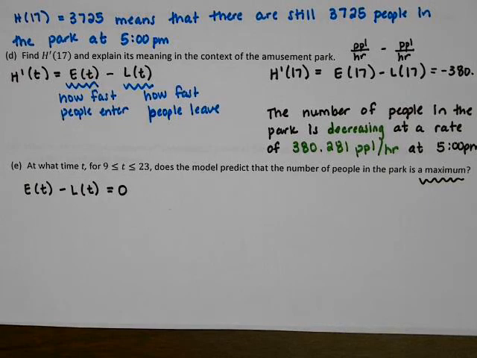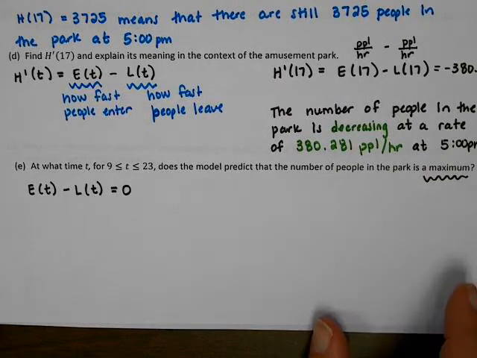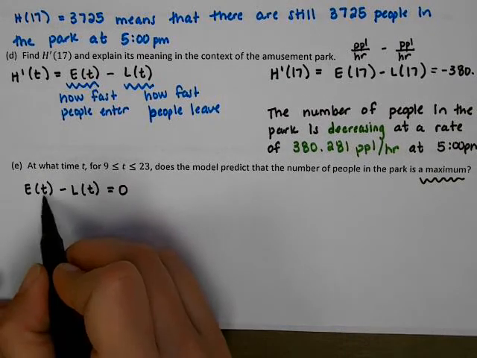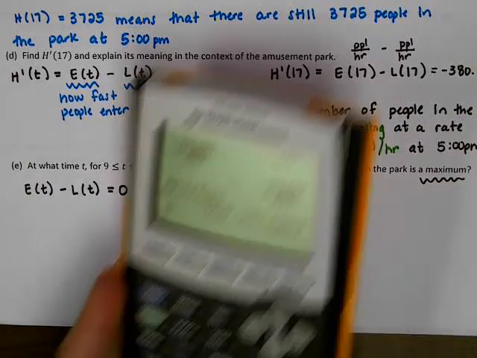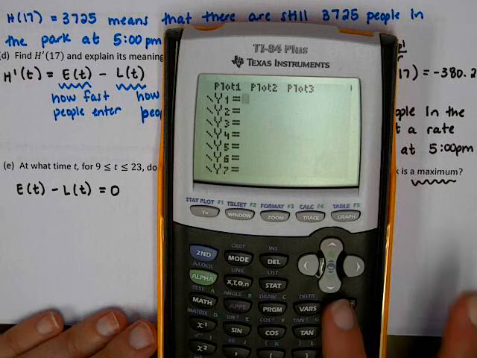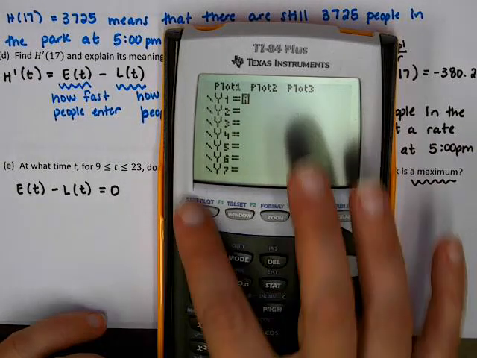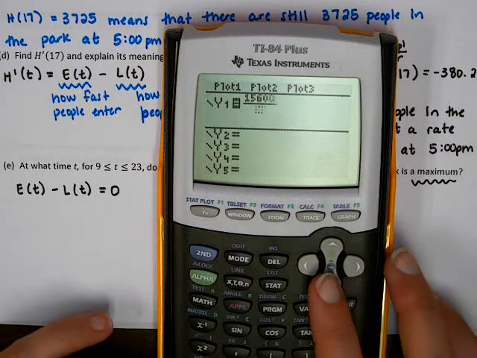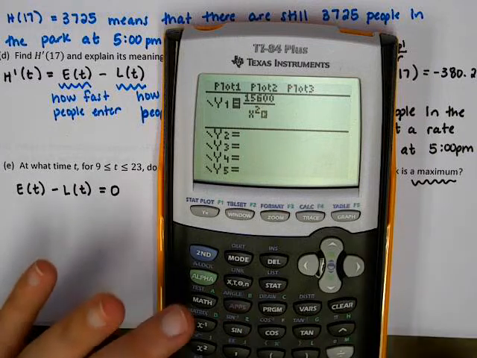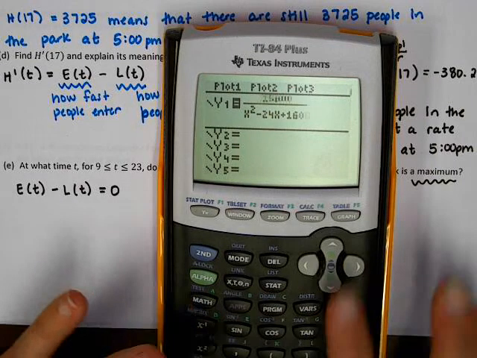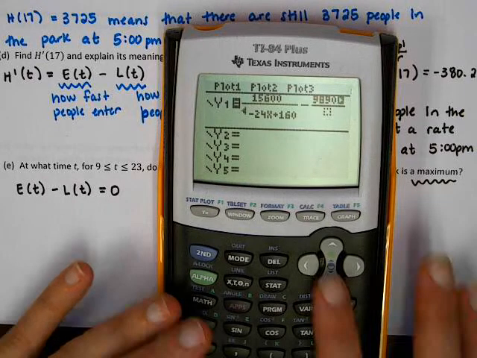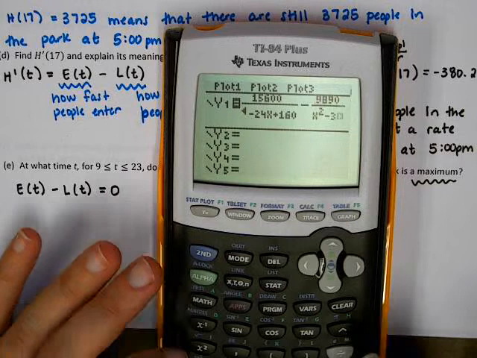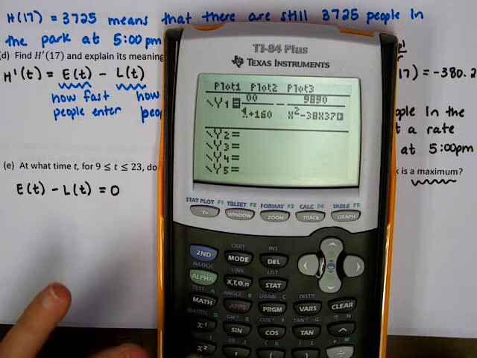There's the in and the out. So how do I figure out where this happens? Well, one way to do this would be to graph E of t minus L of t and find the zeros. So let's try that. So I would go to my y equals, and I would graph 15600 over x squared minus 24x plus 160 minus alpha y equals 9890 over x squared minus 38x plus 370.